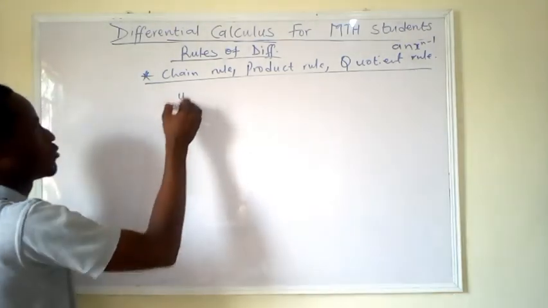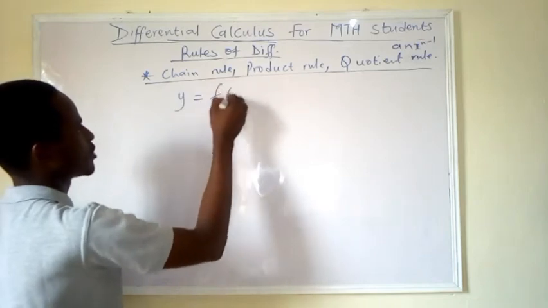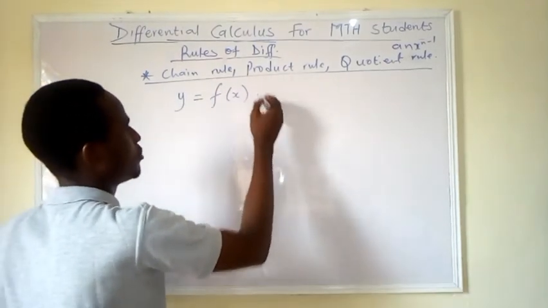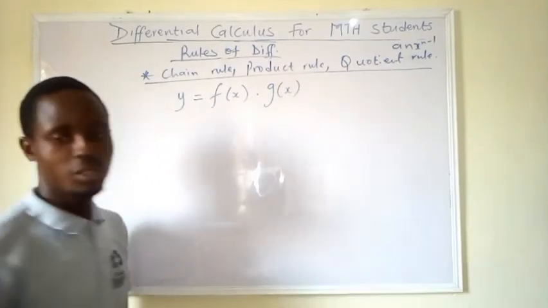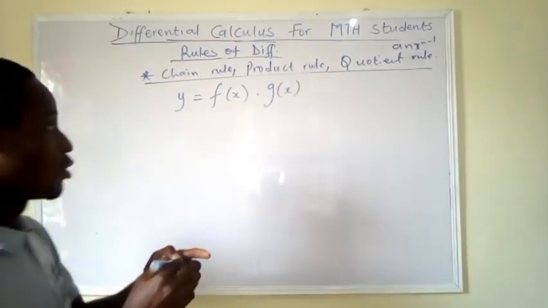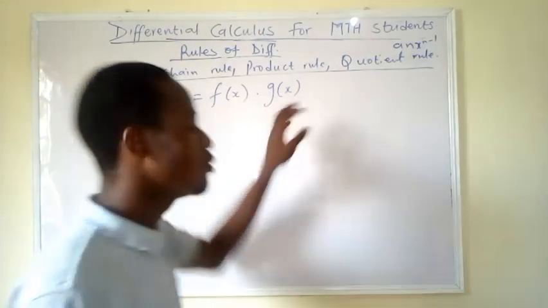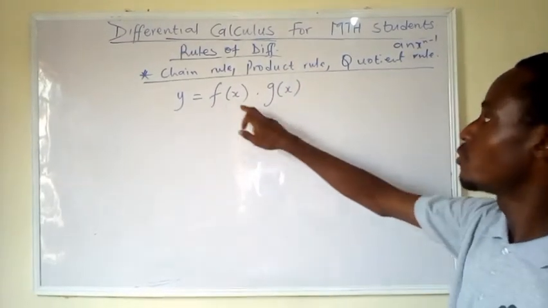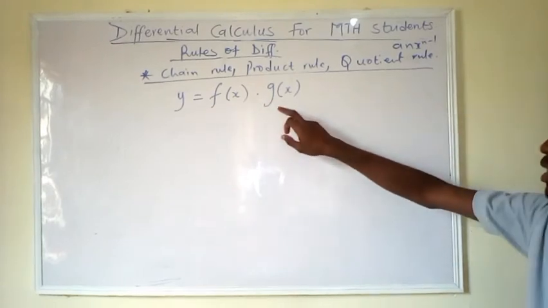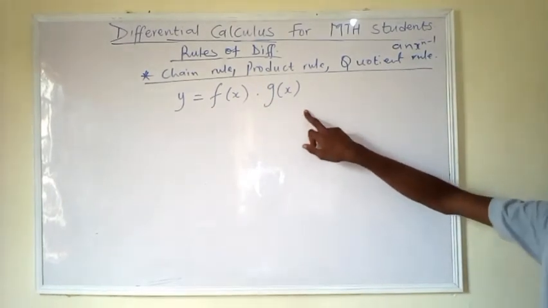If I have a function y which is equal to f of x, and f of x is a product of g of x, which implies that y is a product of two functions: a function of x multiplied by another function, g of x.